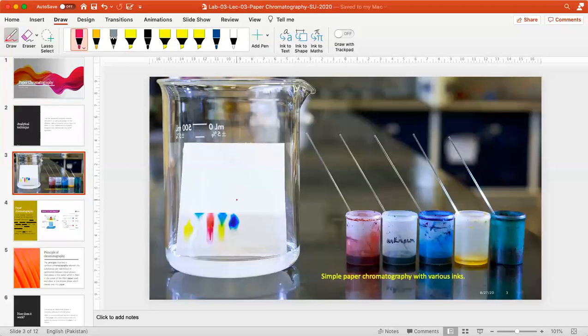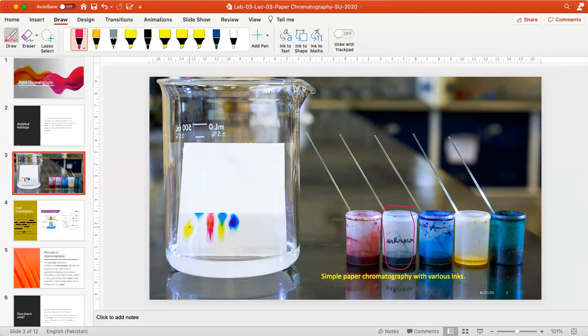Now, in the next slide you can see that this one is the unknown mixture. This unknown mixture is made up of 4 different inks: red, blue, yellow, and green. When they mix together, this is the sample.